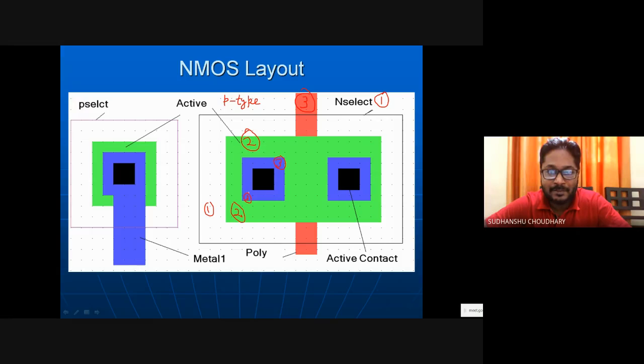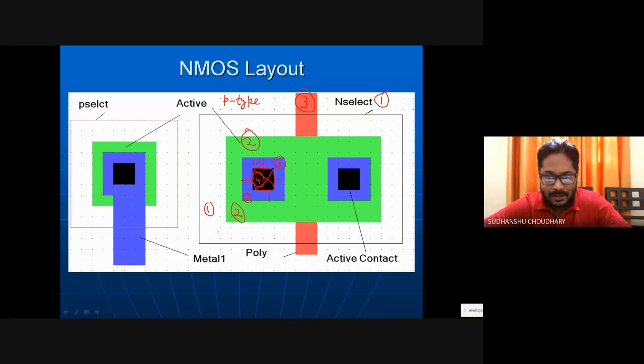You provide a contact here, the black one, in the center. The dimension of this contact should be 2 lambda by 2 lambda, and the spacing on all edges should be minimum 1 lambda. So the contact is process number 4. Once you do these 4 steps, your transistor is created.